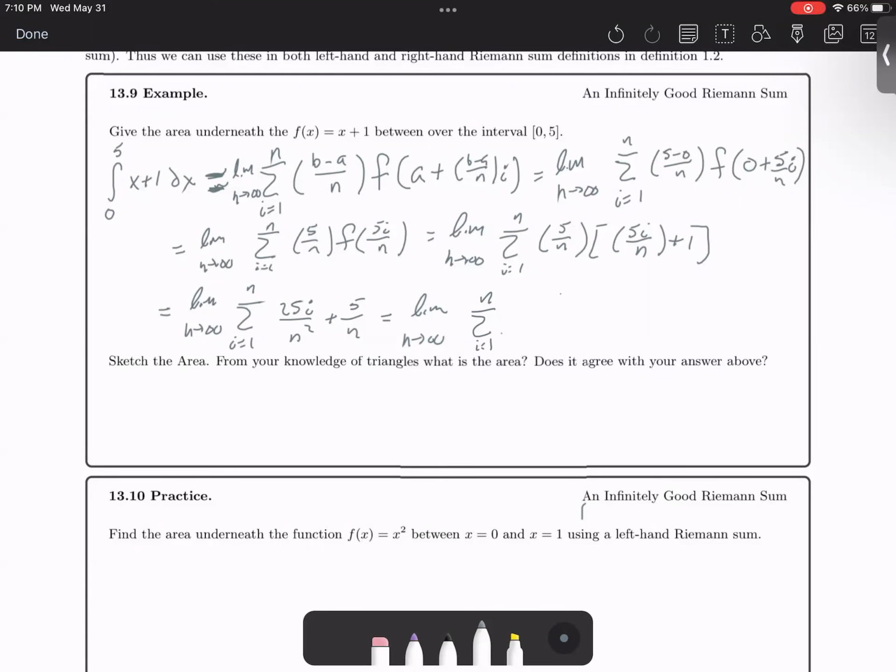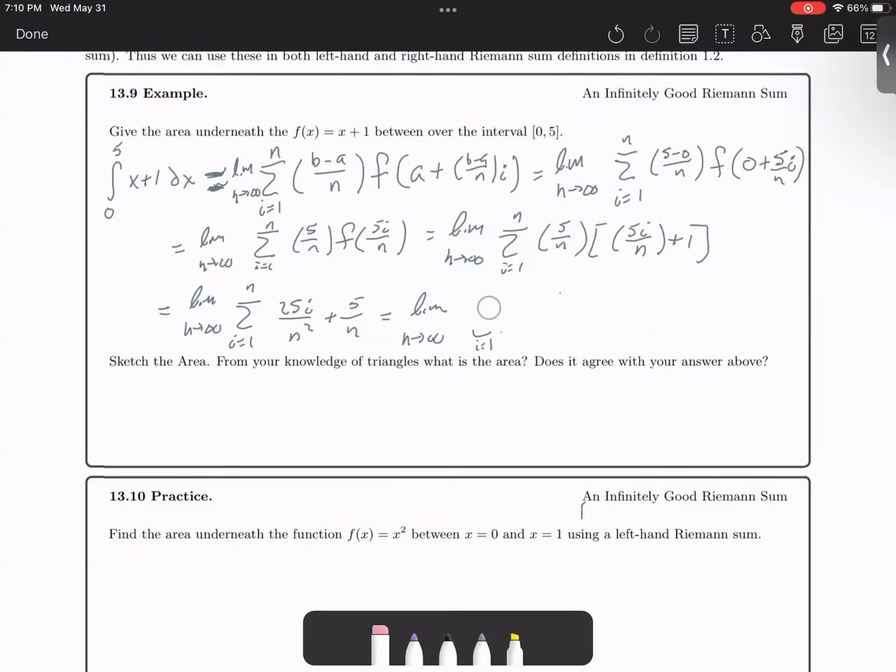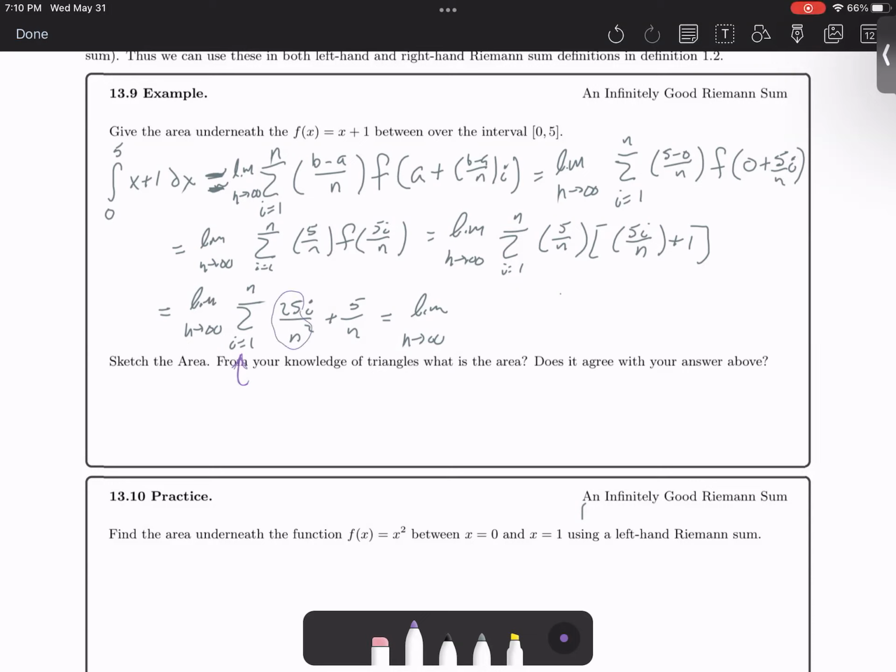And actually, you know what? I want to write that as the sums of i's. So notice this sum right there depends on i. So anything that's not an i is just going to be a constant. So let's pull out the 25 over n squared.